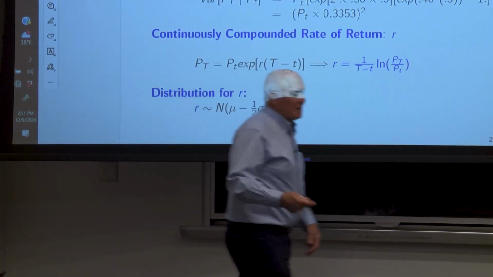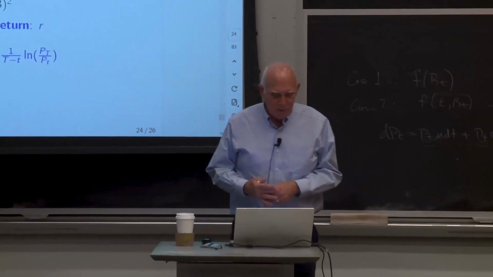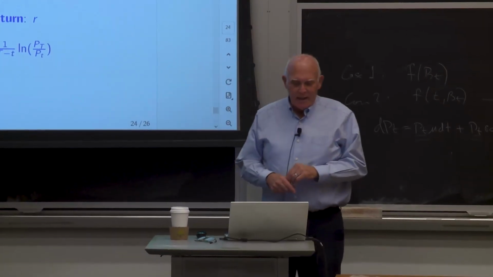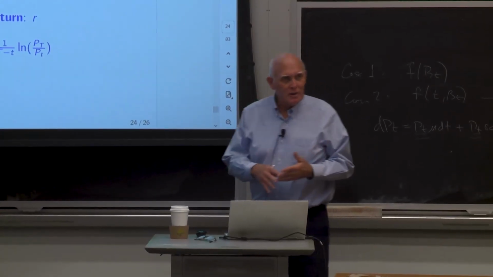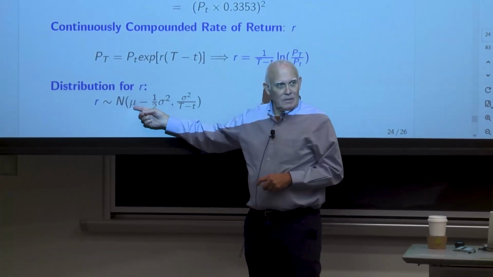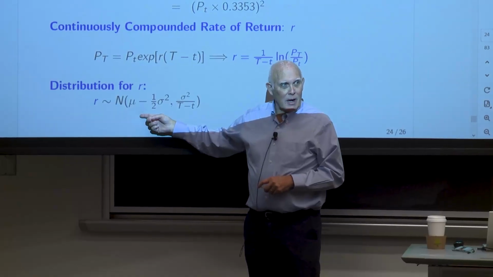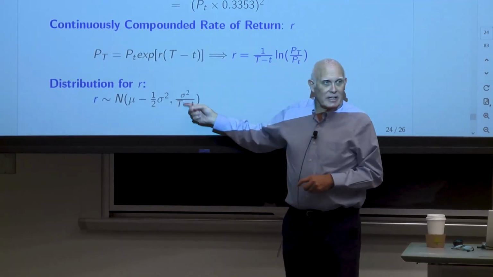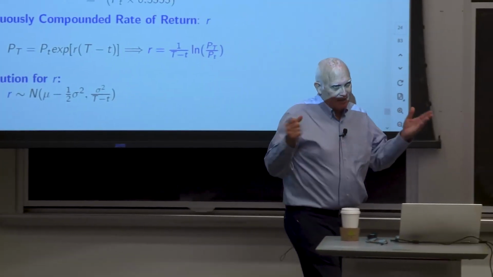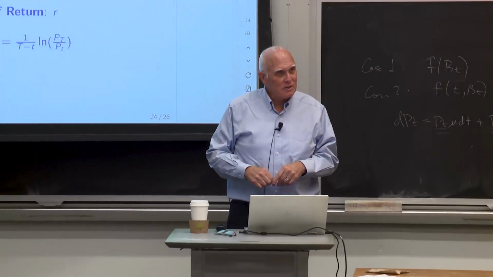So with this, what's important is that the rate of return over long periods of time converges to a constant average rate. And the variance about that average rate goes to zero as the time into the future continues.